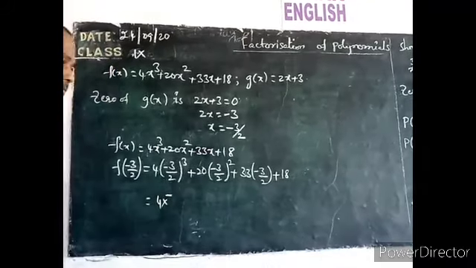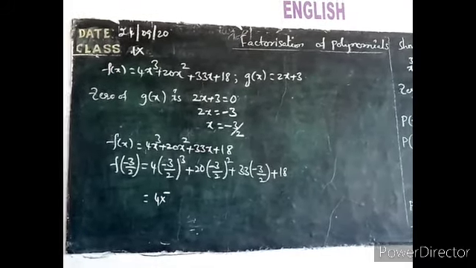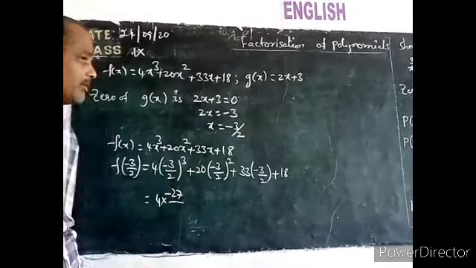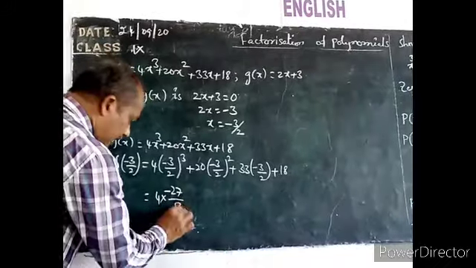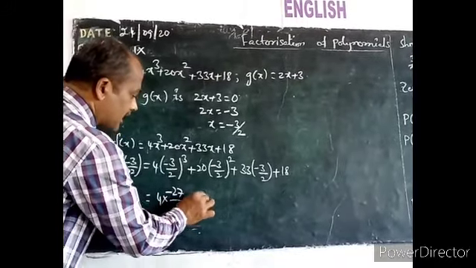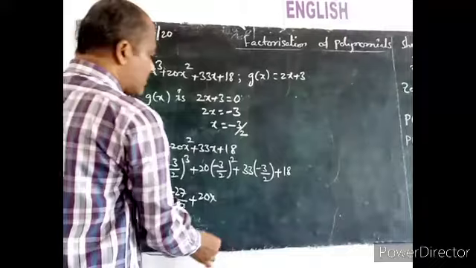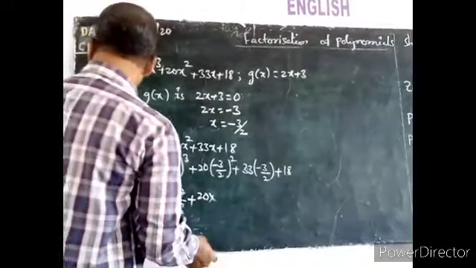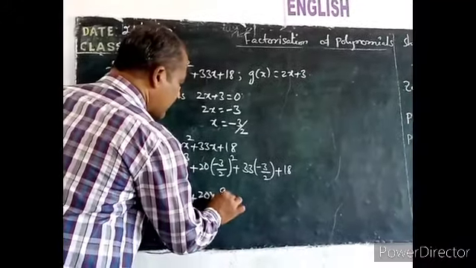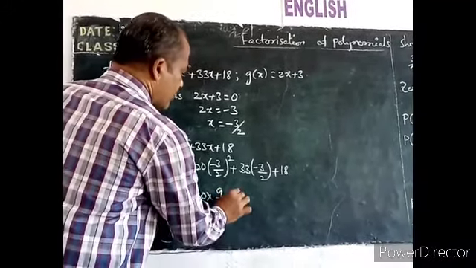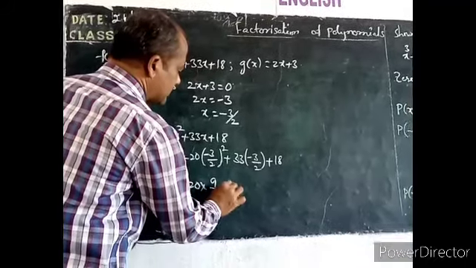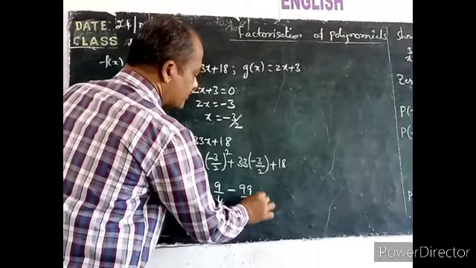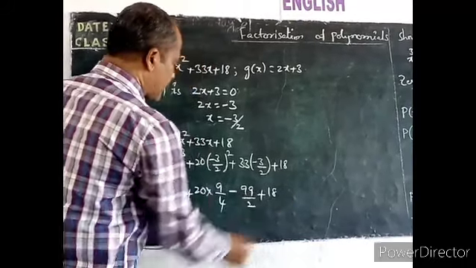Totally we are getting a minus product. 3 3s are 9, 9 3s are 27, by 2 cube, that means 2 into 2 into 2, that is 8. Plus 20 into minus 3 by 2 whole square. Minus or plus, it is an even power, we are getting positive only. So 9 by 4. Here plus into minus: minus 33 into 3, that is 99 by 2, plus 18.